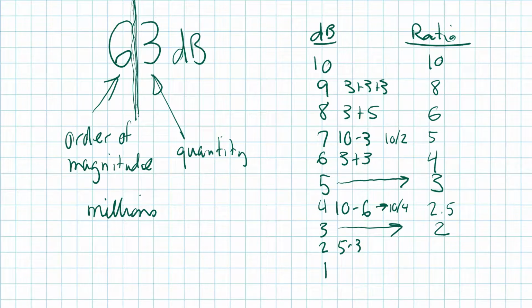And in ratios, that becomes 3 halves, or 1.5. And for 1, we can take the difference of 7 minus 6, and converting that gives us 5/4, or 1.25.